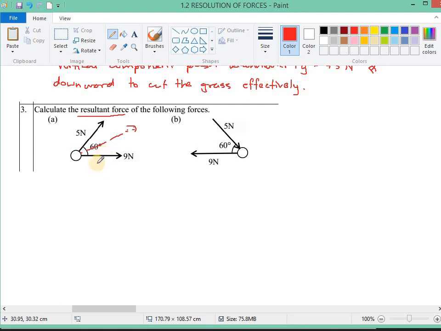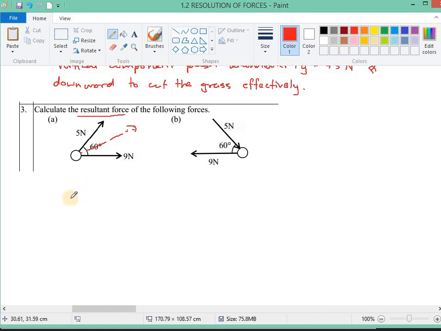So the resultant force of these two forces is the force that can also make this object move in this direction, same effect. The force that can give the same effect as two other forces combined is the resultant force.